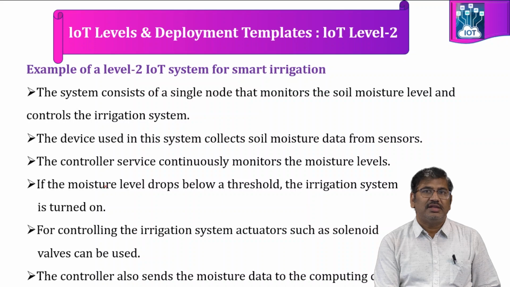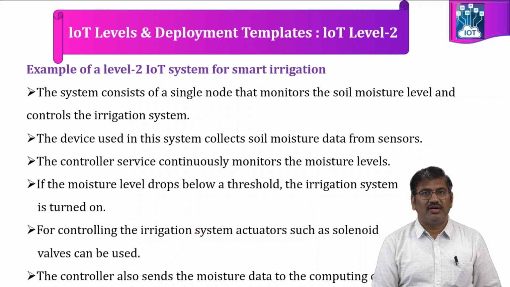The controller service continuously monitors the moisture levels. If the moisture level drops below a threshold, the irrigation system is turned on. For controlling the irrigation system, actuators such as solenoid valves can be used.